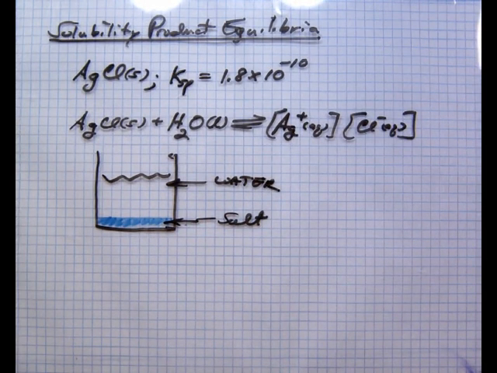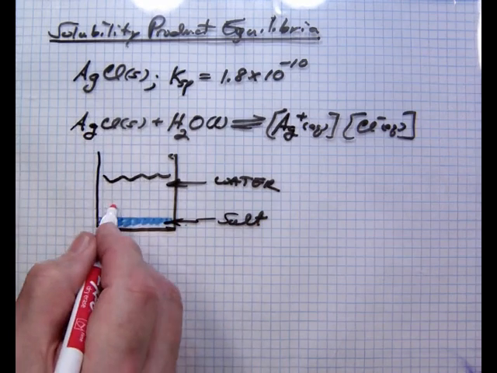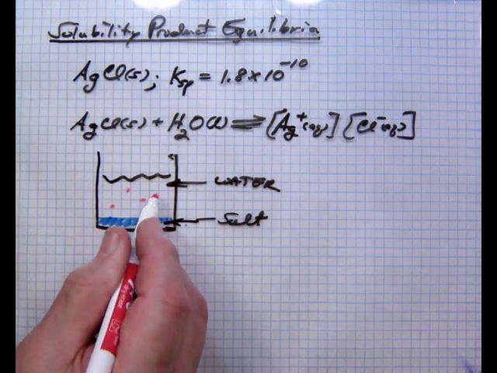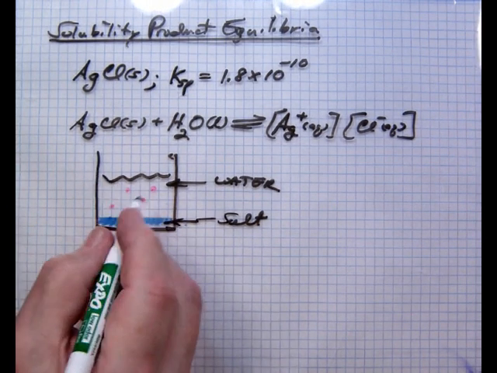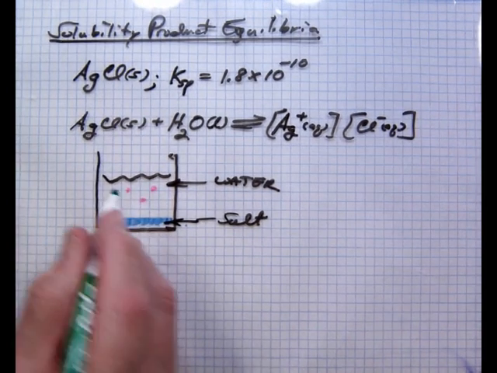Well, that salt then begins to ionize. And what does it do? It starts sending silvers. See that one? Out into solution. And of course it's 1-to-1 ionization. Can you see that?